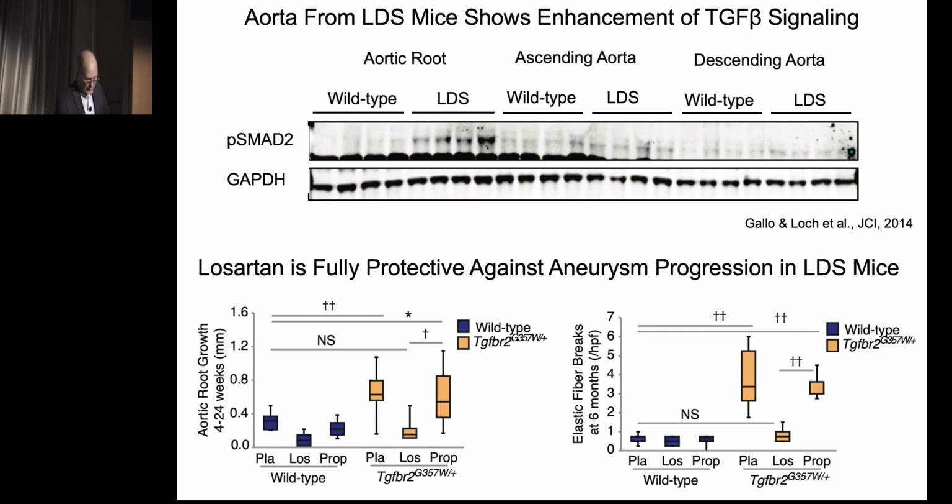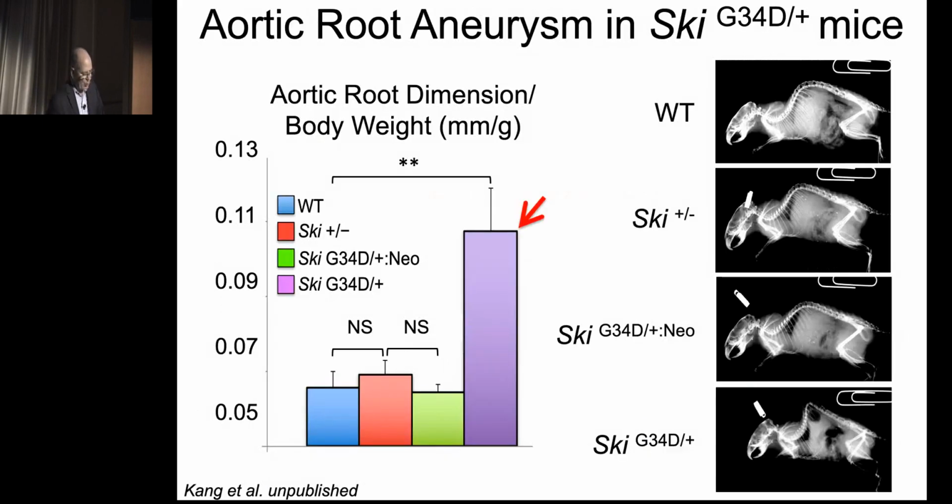We went on to make knock-in mouse models of Shprintzen-Goldberg syndrome, and as expected, found that these mice with mutations in SKI showed dramatic aortic root growth and aneurysm formation with death due to dissection if left untreated.